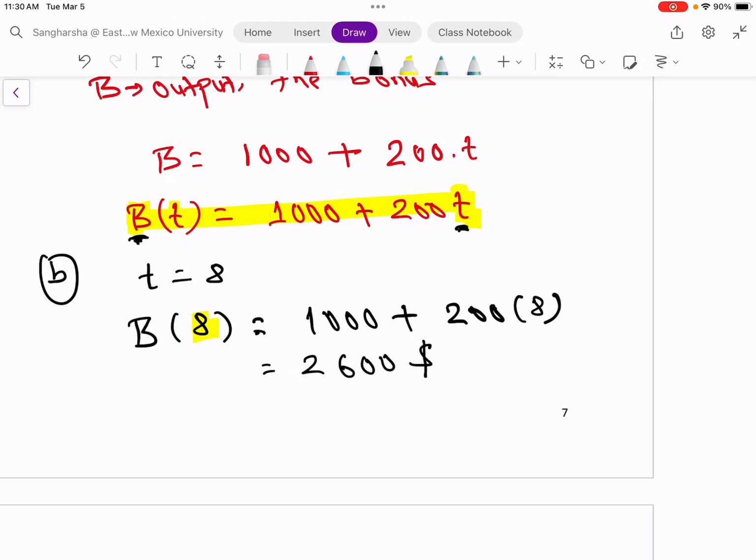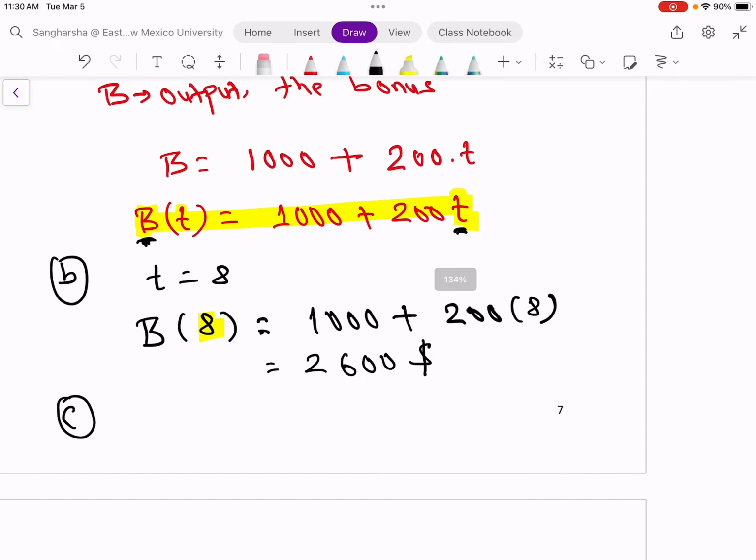Let's go to part C. We need to calculate how long she would have to work at the company for her annual bonus to amount to $3200. Now what are we asked here?